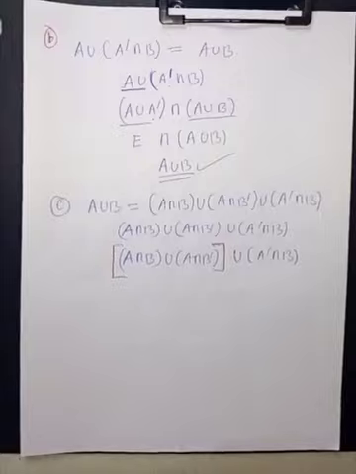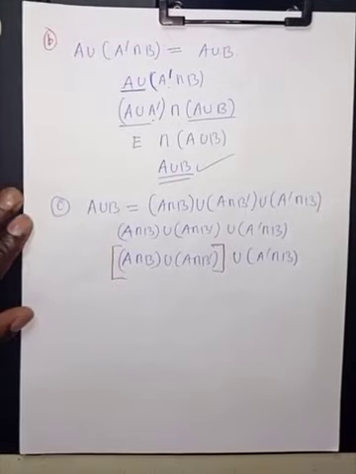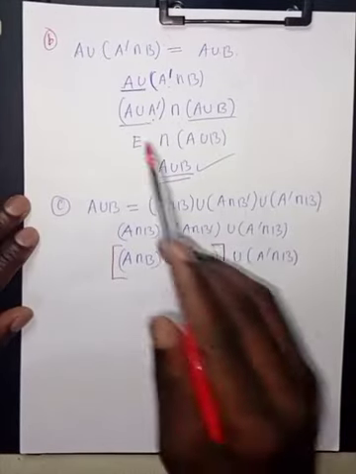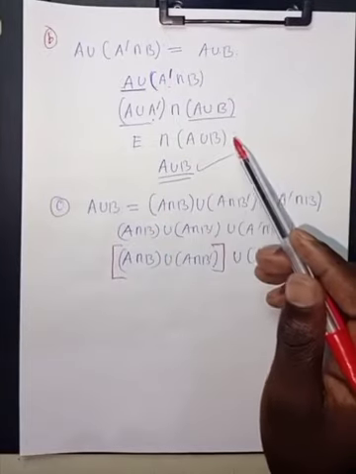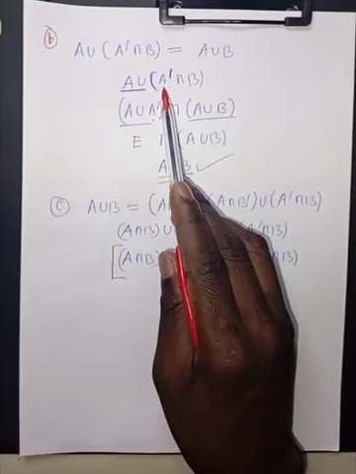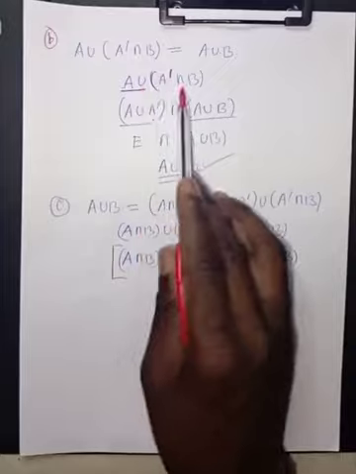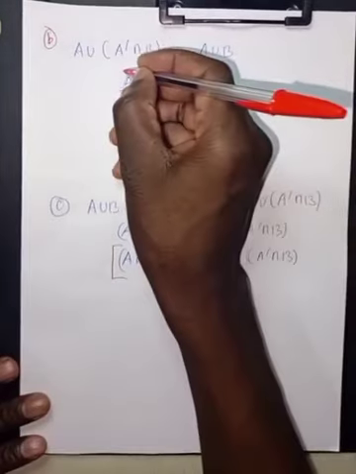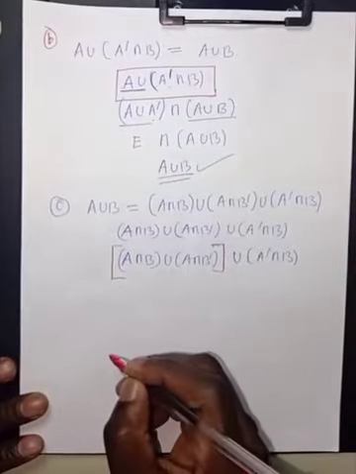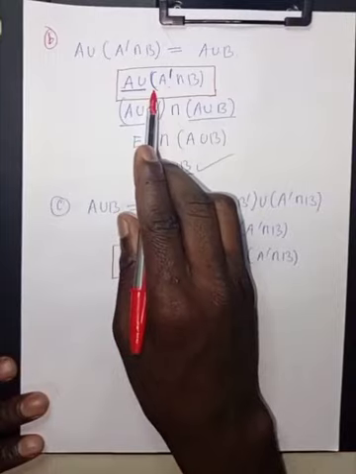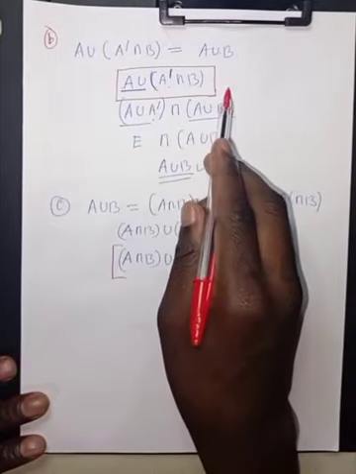Yeah, what if we try to factorize? To factorize which part? So here, this is already factorized, so we try to expand. We can't factorize anything for part B, because this was the question for part B. Meaning, this is already factorized. So what we do is basically to expand this.